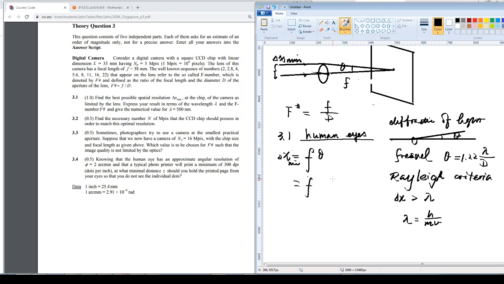And this angle is roughly 1.22 lambda over d. And f over d by definition is f sharp.